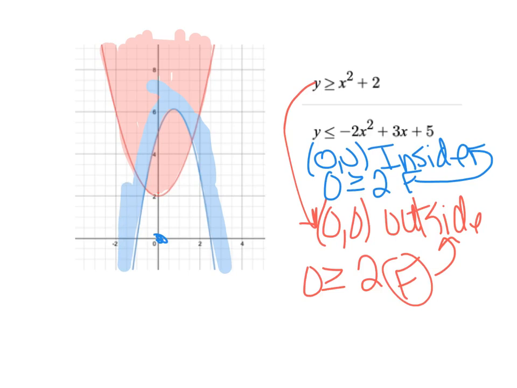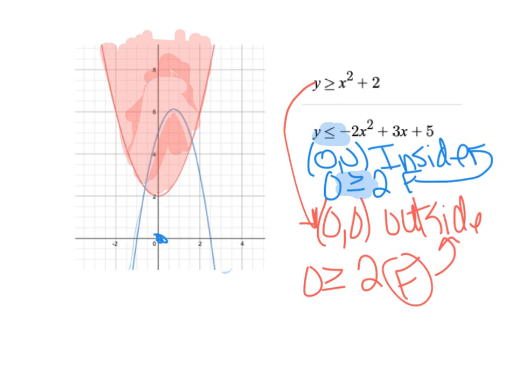Oh, wait just a second, I see what I did wrong here. I'm not shading the outside. Let me get rid of the blue right here, because if you noticed, I put the wrong inequality symbol in there. So just one quick second, let me shade my red back in. That was fine. My red is okay. However, if you notice right here, I put the wrong inequality symbol. I should have put less than and I put greater than.